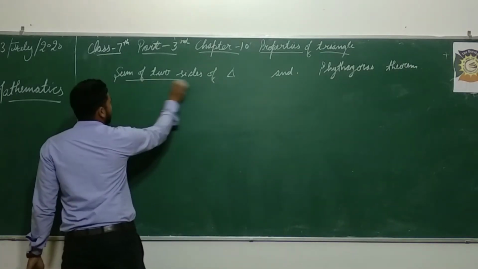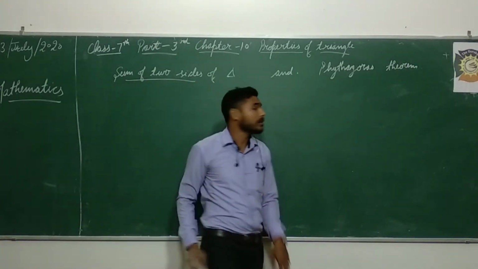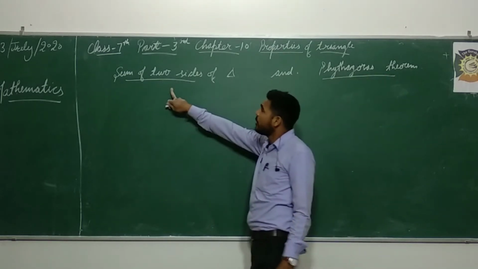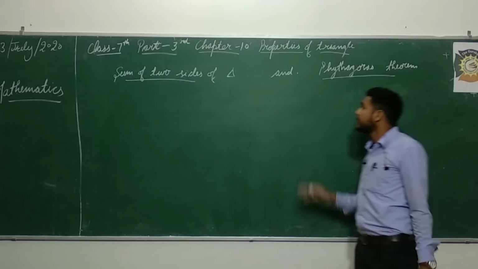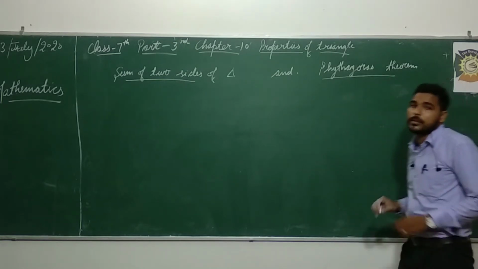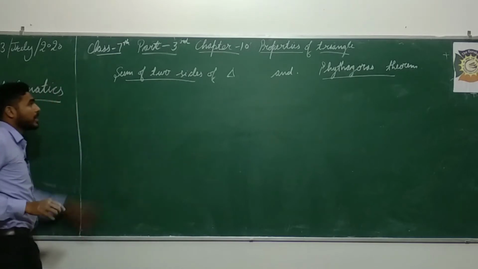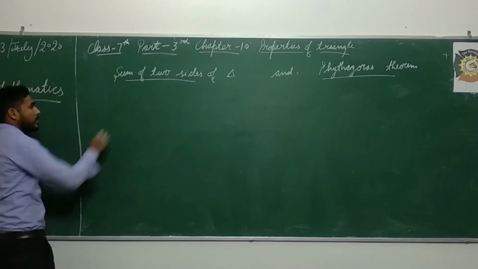Today we are going to discuss two topics. First is the sum of two sides of a triangle and the other one is Pythagoras theorem. So let us discuss the first topic, sum of two sides of a triangle.